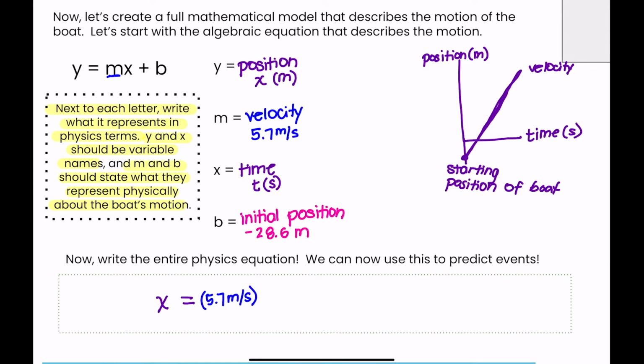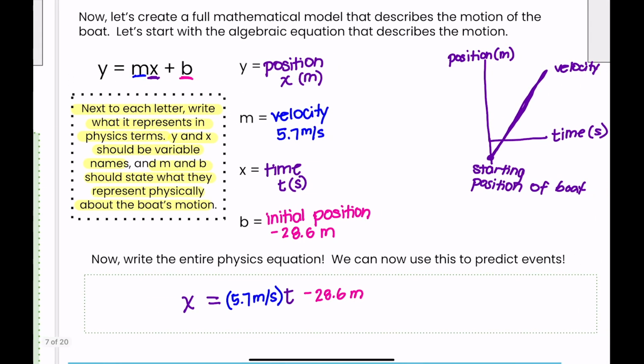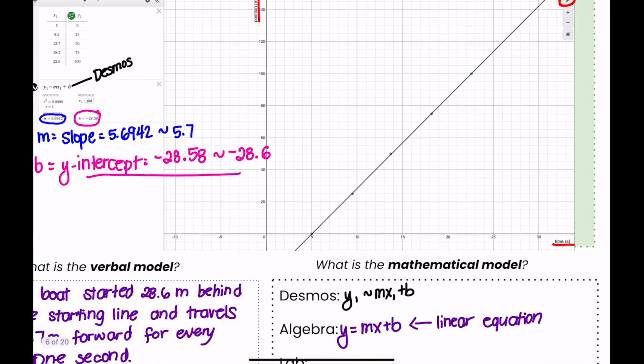And then I'm going to replace x here with what my x-axis stands for, which is time. And then I'm going to replace my initial position with the real number, which is negative 28.6 meters. So this is the lab equation I'm going to put on the previous slide. So x is equal to 5.7 meters per second times time minus 28.6 meters.